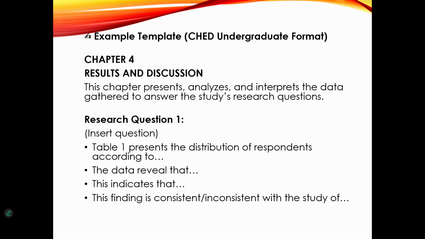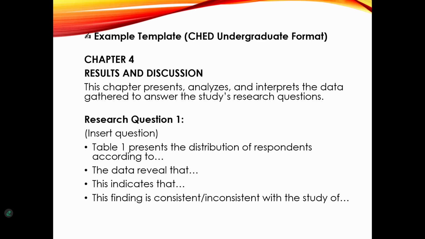And then for your next paragraph, you will put "this indicates that." This is where your analysis will take place, and you will put a proper and coherent discussion.